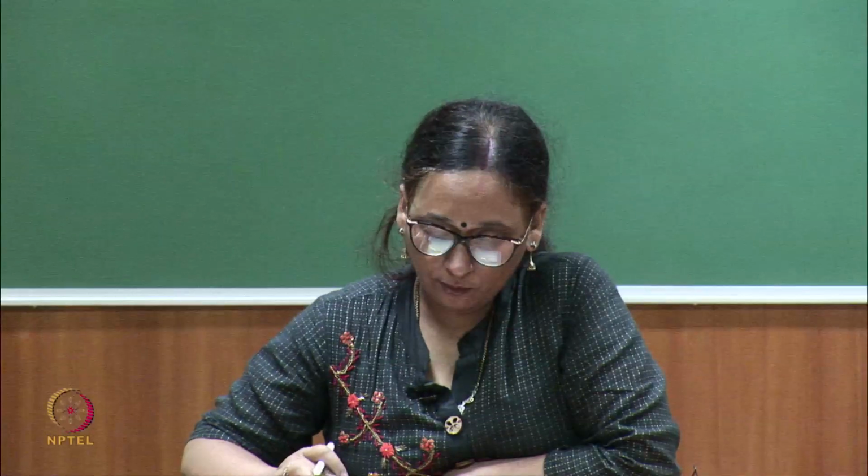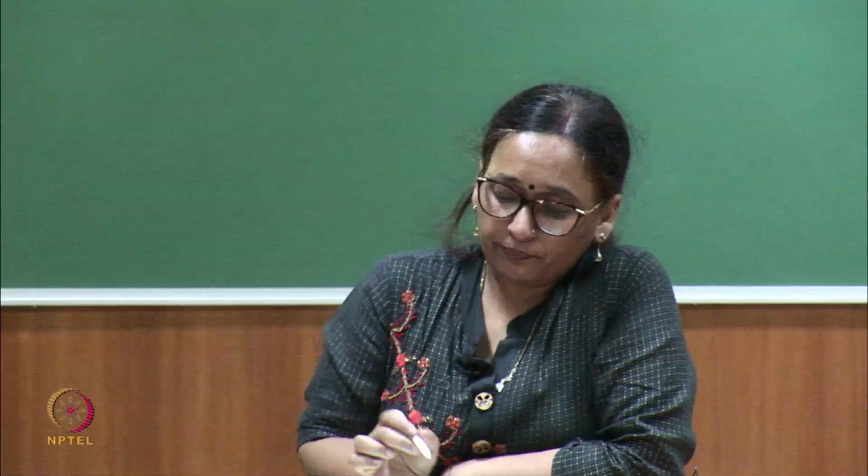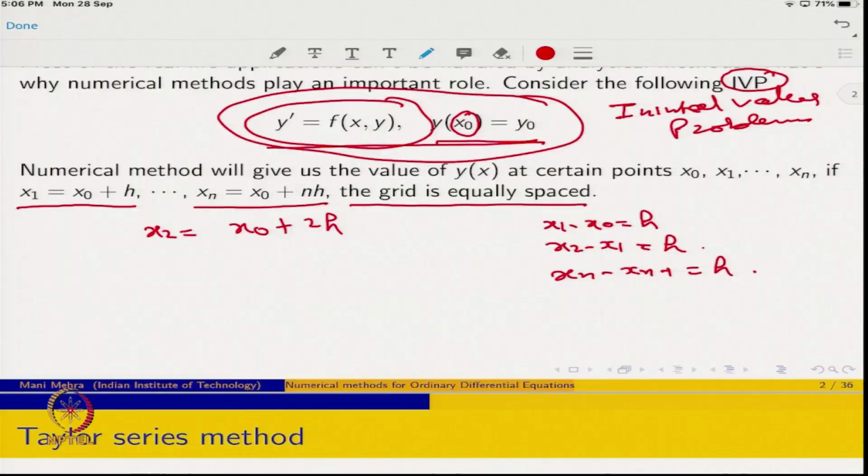Okay. So, now to solve this differential equation numerically, what is the first step we should take? This y dash is a derivative. So, we have to approximate this derivative first.